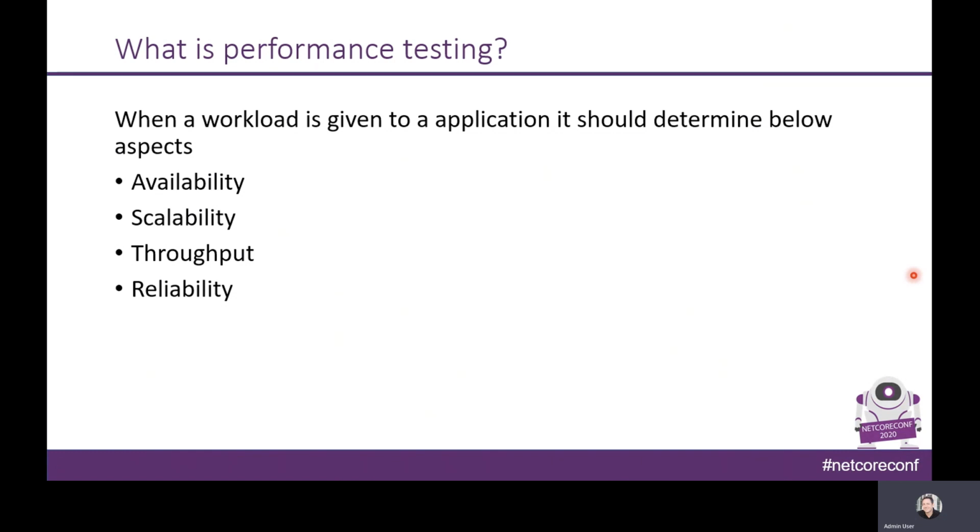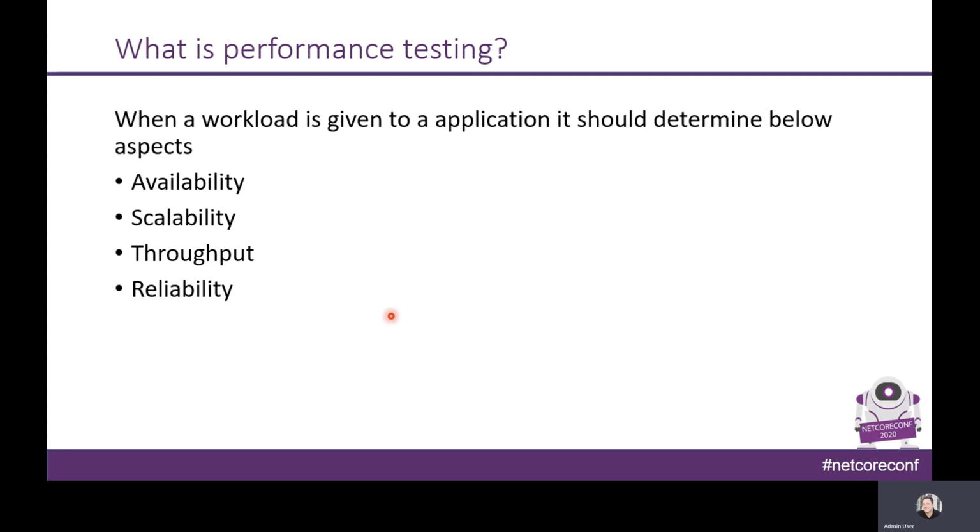Why do we need this? Basically, availability means when we give multiple workloads to your system, either to your server or the database or anything, how our application behaves, whether it is available all the time or it is not responding or replying properly. We may end up in scenarios like, for example, festive seasons.